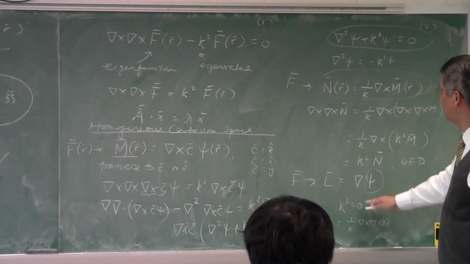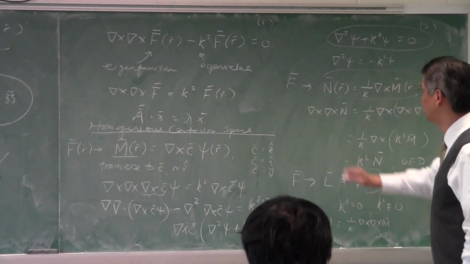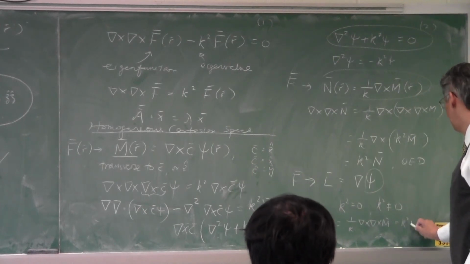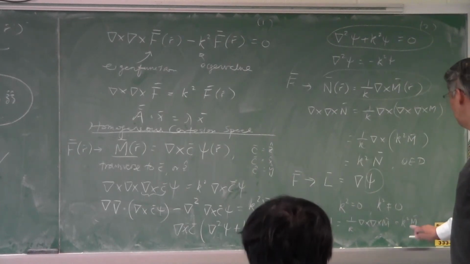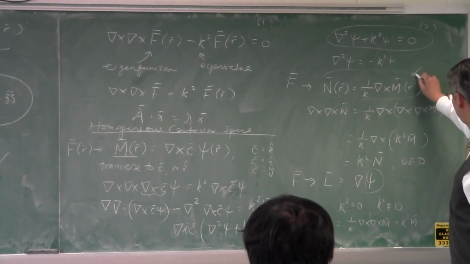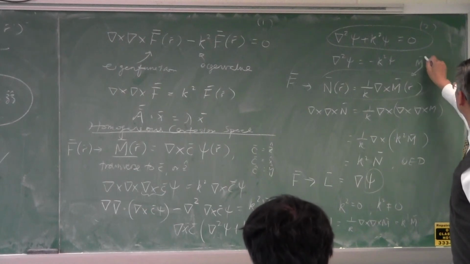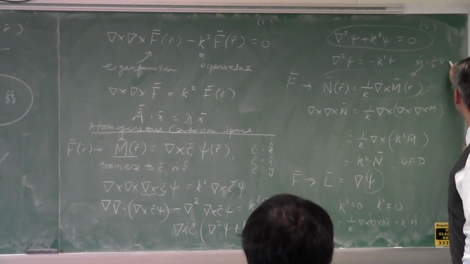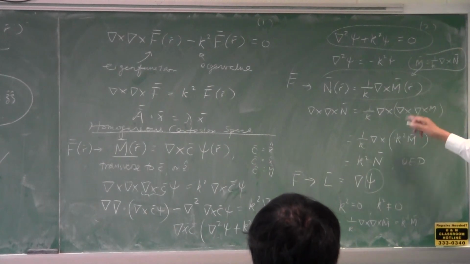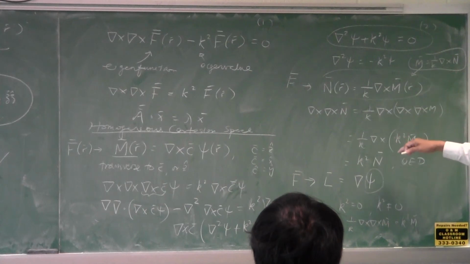But by definition, M is a solution already. Okay. So it's equal to K squared M, right? So curl of N is K times M. So this relationship is also true. M is equal to 1 over K curl of N. So they're mutually related in this manner. Okay. So once you find M, you can find N. Once you find N, you can find M.